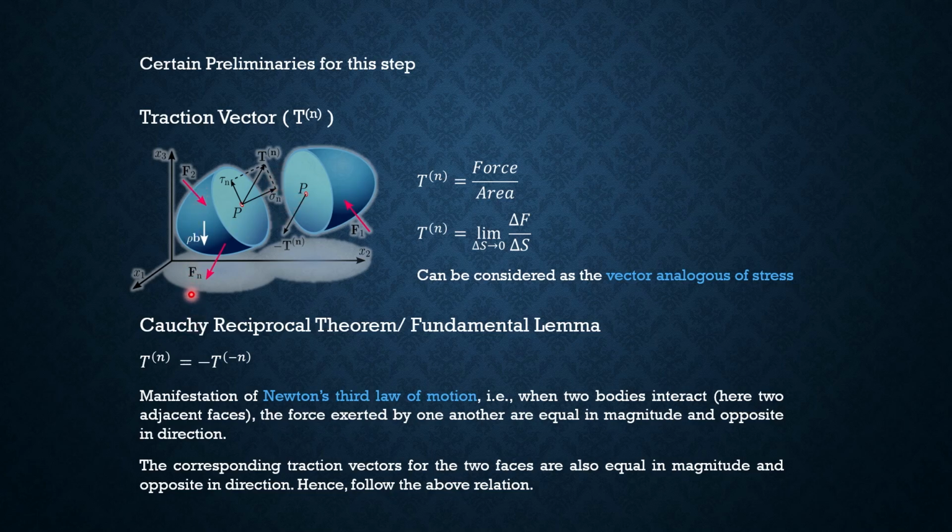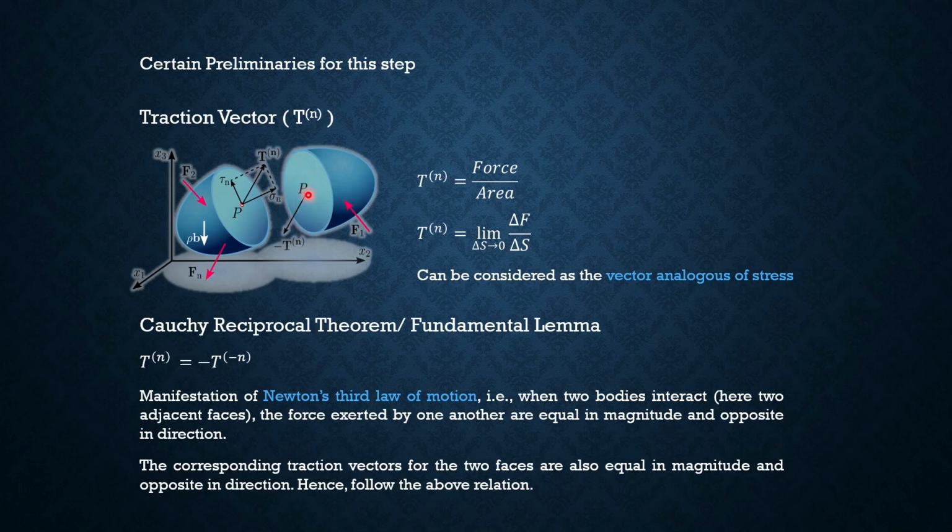Now coming to the second thing, it is something known as the Cauchy reciprocal theorem or the Cauchy fundamental lemma. What it says is T of n is equal to minus T of minus n. What it means is, let's say this is some kind of face. The normal to this face is say n cap, and this is another face.